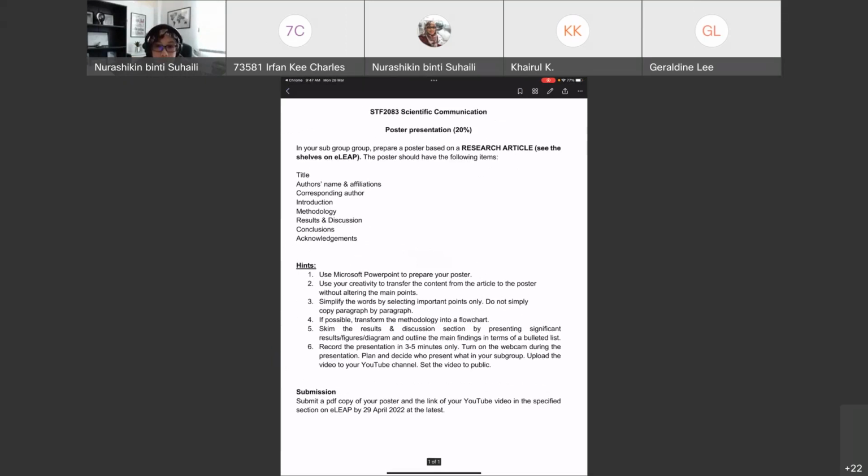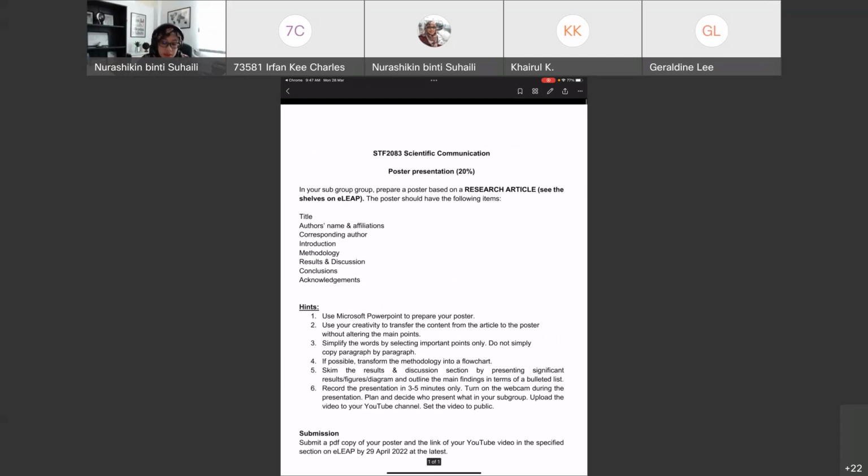In your subgroup, prepare a poster based on a research article. See the shelves on the ELIP. I have assigned an article to every subgroup. So you should transform the materials inside that research article into a poster with all of this information. You must have the title of the paper.